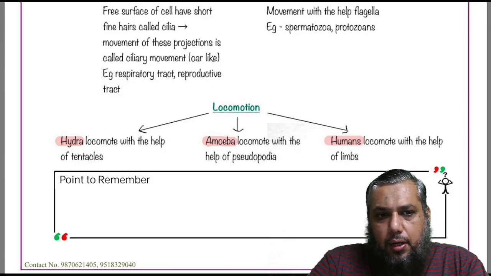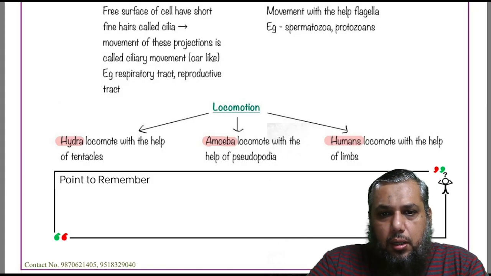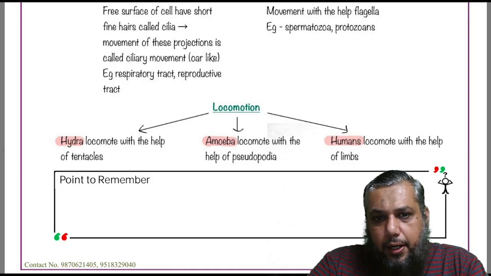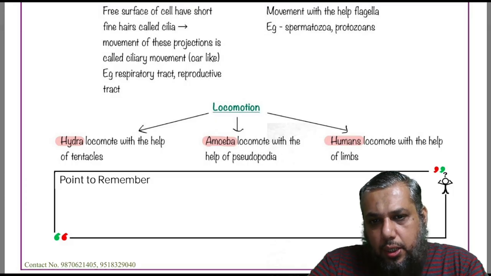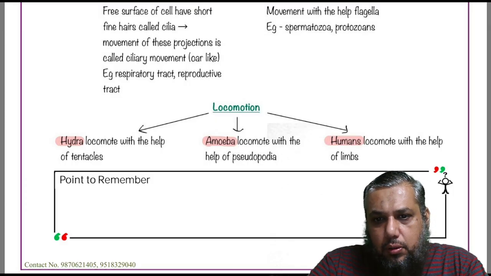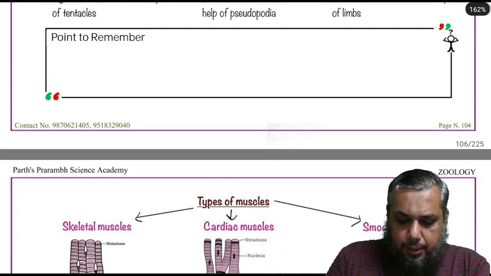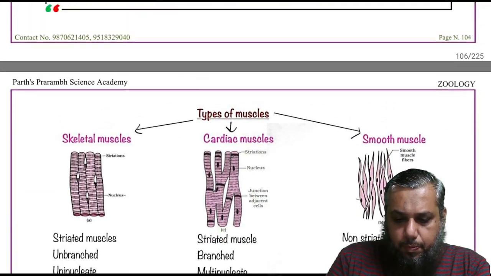Like in the case of Hydra, it is with the help of specialized structures, which are called as the tentacles. In the case of amoeba, it is with the help of pseudopodia. And हम इंसानों में, it is with the help of the limbs. यहाँ पे हम बात कर रहे हैं hind limbs के बारे में.